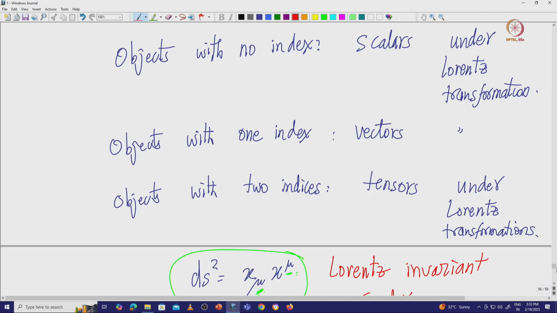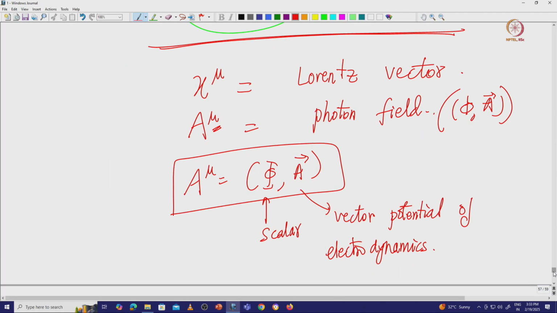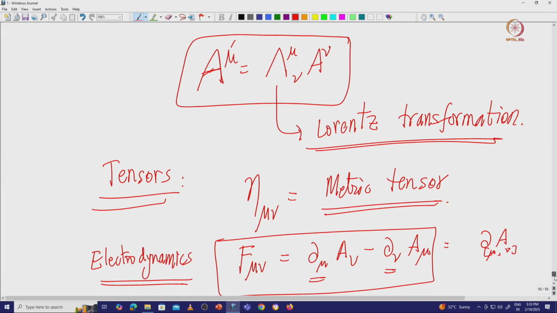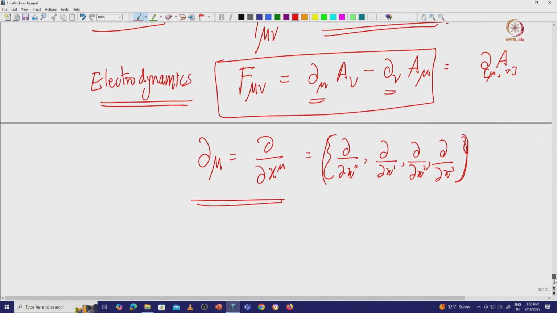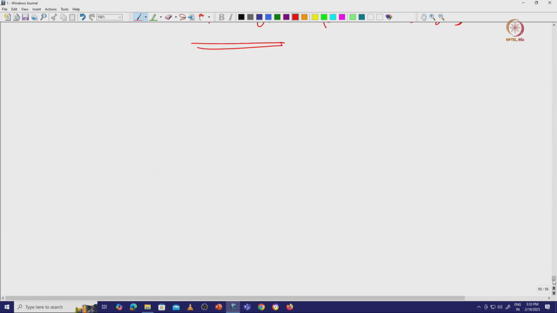Then you have vectors, which transform under Lorentz transformations, and then there are tensors. I gave you examples of 2 tensors: the metric tensor and the field strength tensor in electrodynamics.